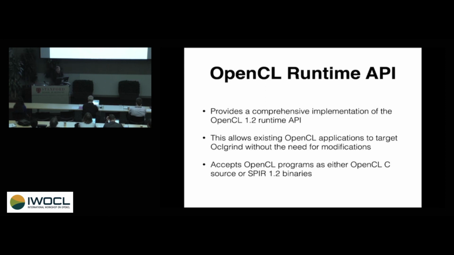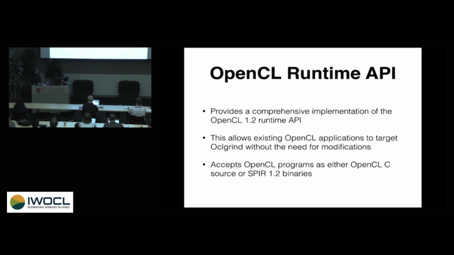So if you have an application that uses the Runtime API, you can just target Oclgrind as another platform, as another device in your system. So you don't have to make any code changes to your application to run it through the simulator. It should just work without any modifications. So that's useful to get things up and running quickly. And as I mentioned, you can provide your OpenCL programs either as OpenCL C source code or as SPIR 1.2 binaries if they're coming from some other programming model.